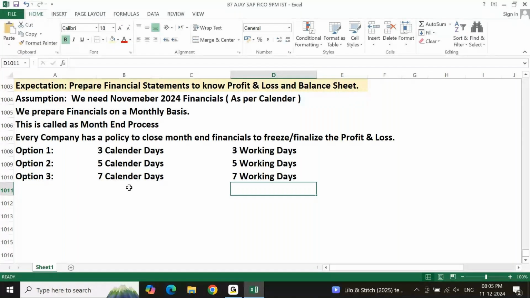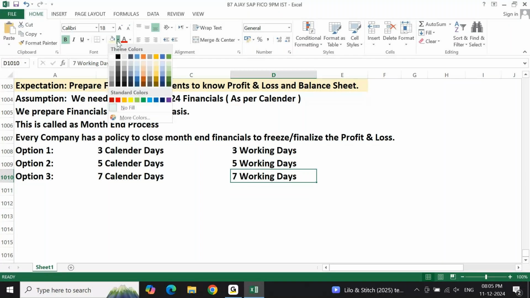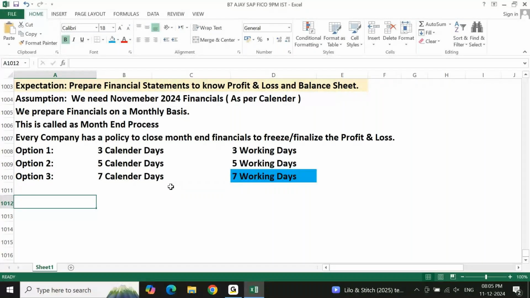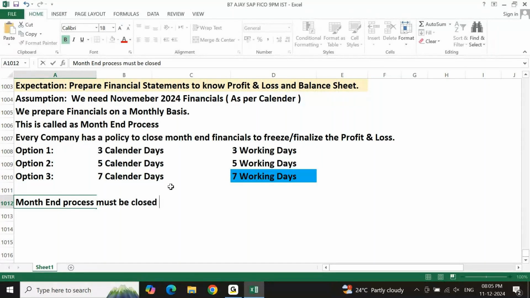Let's say we are taking 7 working days. If you're taking this option, 7 working days, what will a company do, as per this blue highlight? The month-end process must be closed by the 7th working day, right?